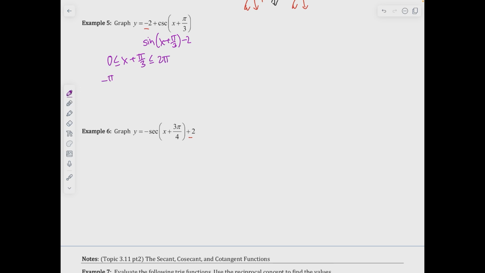When I subtract the pi over 3 to the other side, so 2 pi is the same thing as 6 pi over 3 minus pi over 3. So this is going to be 5 pi over 3. I'm going to quarter this up. My period length is 2 pi over 1 because my b value is 1.